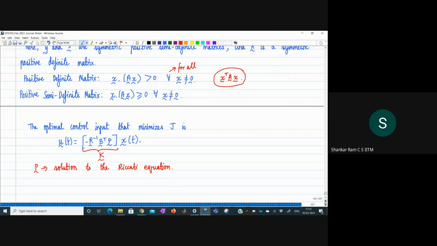It calculates the controller by using the matrices R, B, and P. R penalizes the input in the performance index, B is the input matrix, and P is the solution to the Riccati equation.